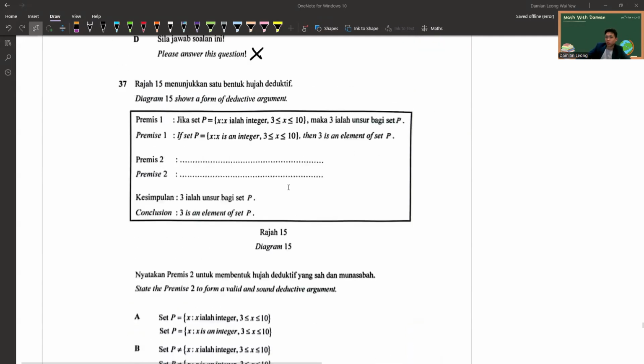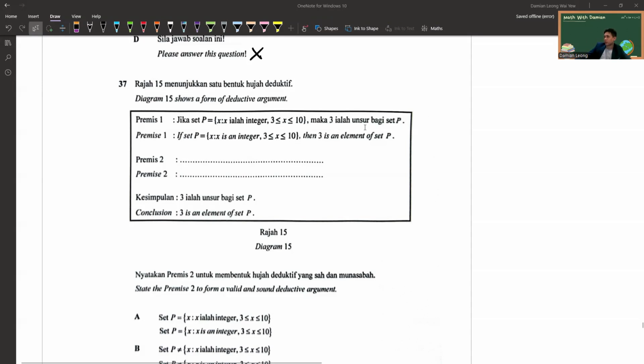Then question 37. Diagram 15 shows a form of deductive argument. I have premise 1, set P, where x is an integer, 3 less than or equal to x less than or equal to 10.